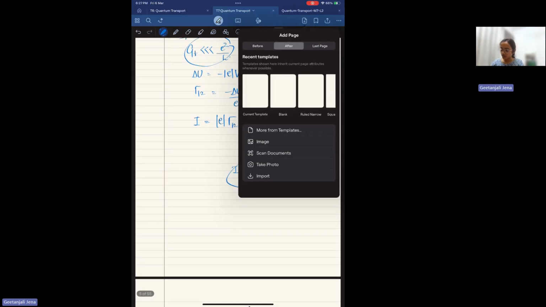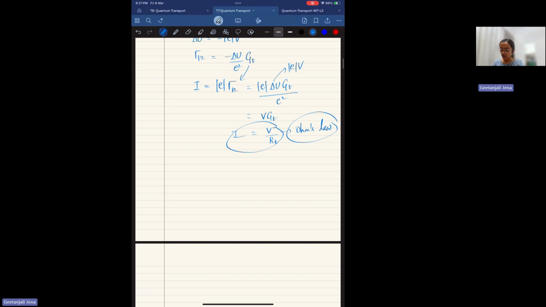So now let us see what is the Coulomb blockade effect, or the single electron charging. For this case, if we add one electron to this quantum island or the conducting island, then we can write the change in energy of the system as UF minus U1.